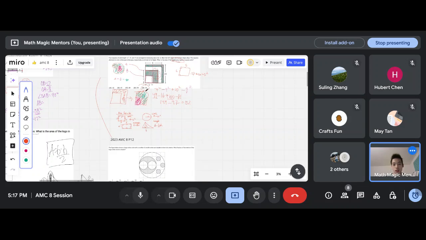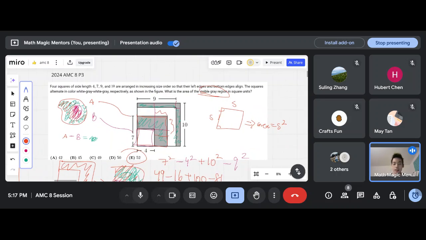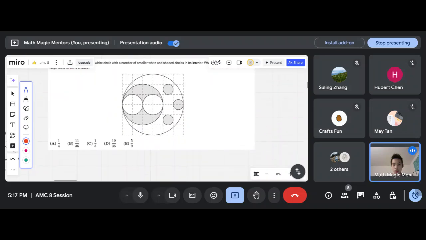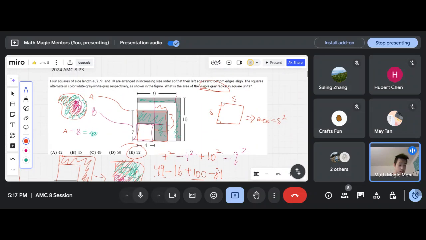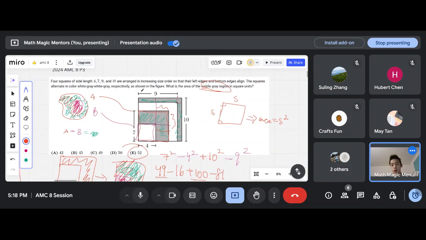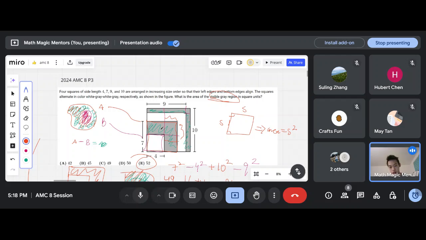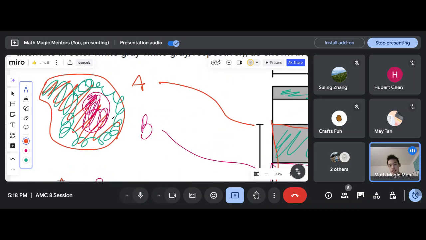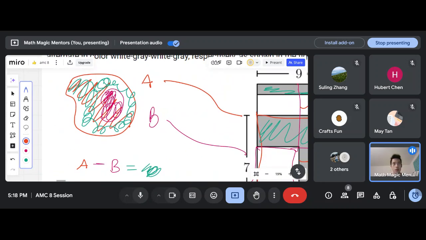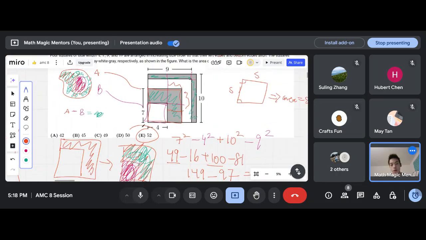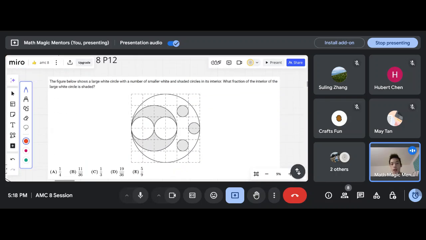The statements are not the same, the problems are different, the numbers are nowhere near each other, but let's say you're stuck on this one, and you've done this one. You can think, well, we had shaded regions here, and we had a larger area and subtracted a smaller area from the larger area to get the shaded region. So what if we can do something similar with this problem? It turns out we can.